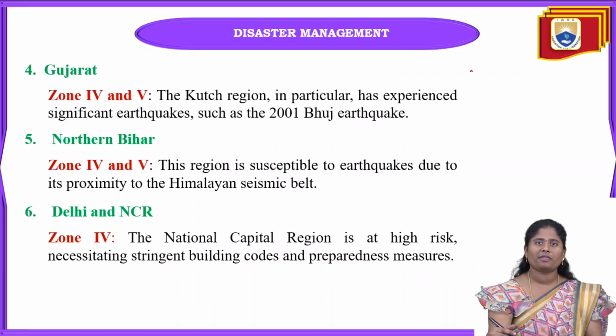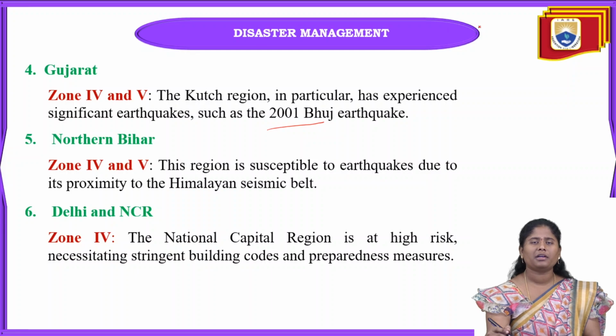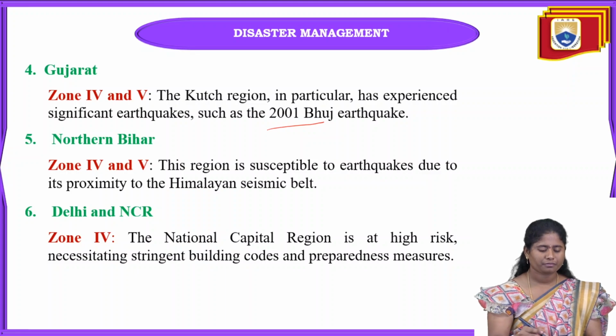Next one is Gujarat. This Gujarat comes under zone 4 and 5. Like, we have already experienced one huge earthquake there in 2001. The Bhuj earthquake occurred in that area.